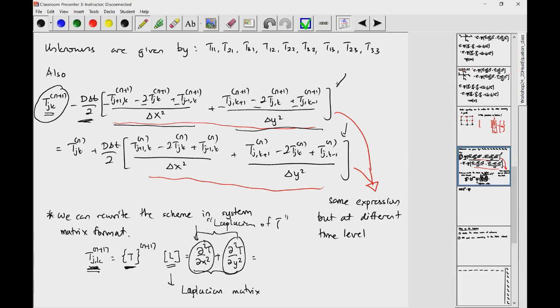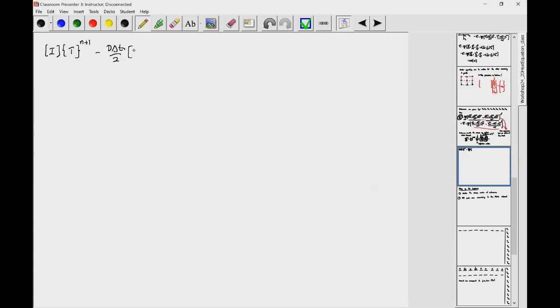This is your entire Laplacian term, which is going to be replaced by the Laplacian matrix. The Laplacian matrix, as I've said, contains all the coefficients in front of your unknown temperature T within the spatial derivative. So here you will have your Laplacian matrix times all the unknown T at time level n plus 1.